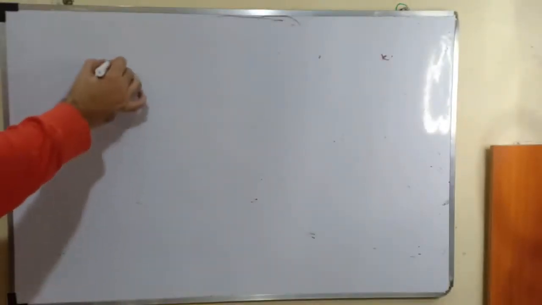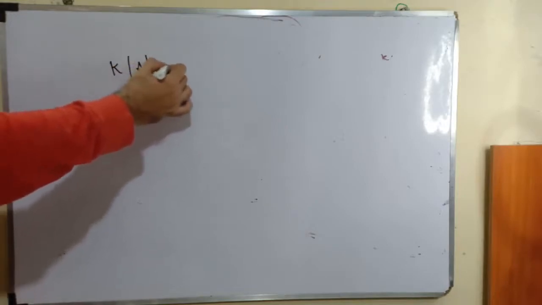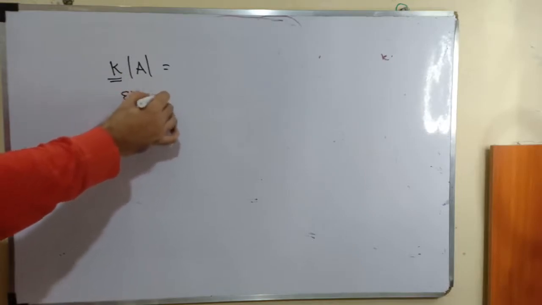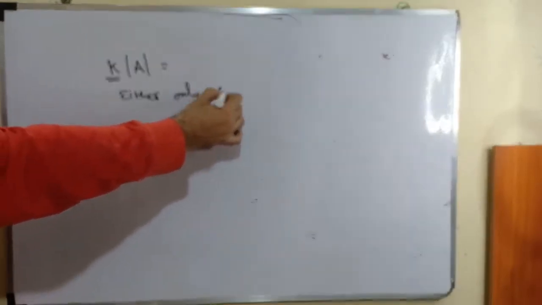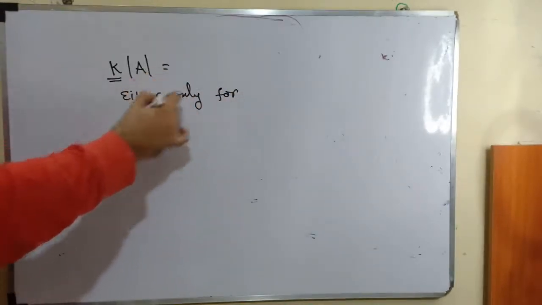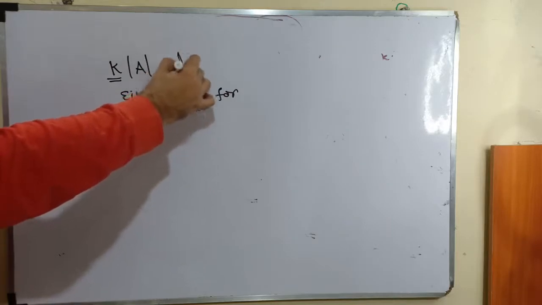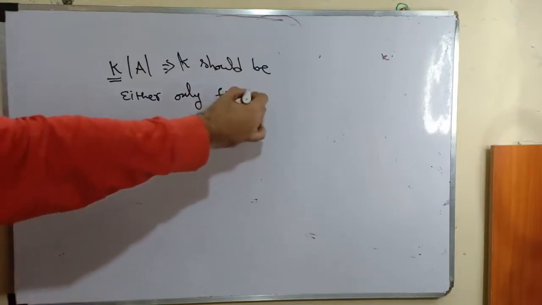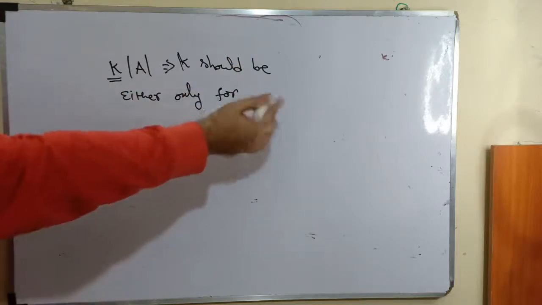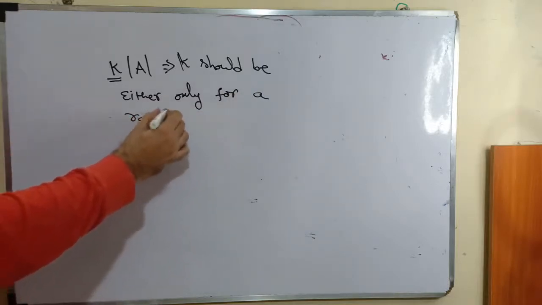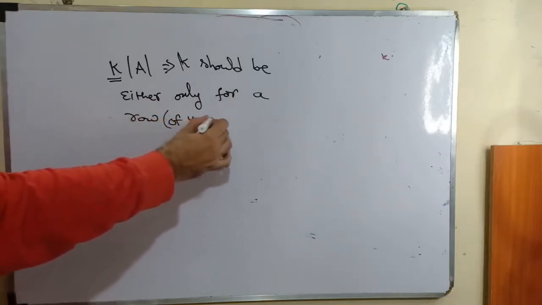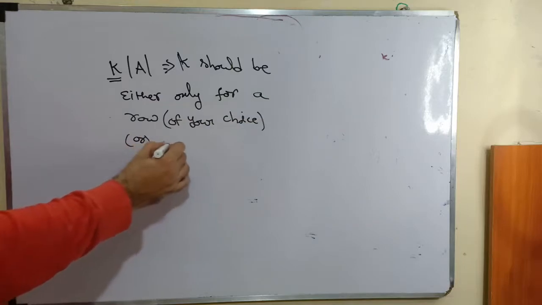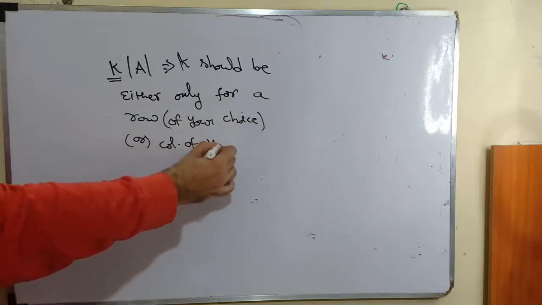But in the case of determinants, K times det A means that K should be multiplied only for a row of your choice, or a column of your choice.